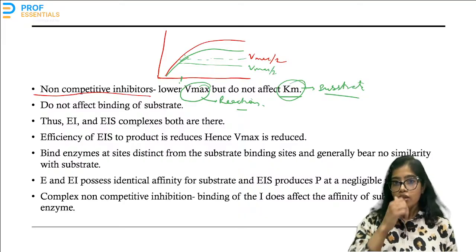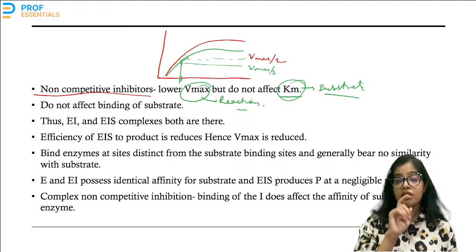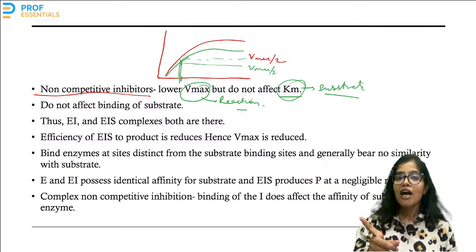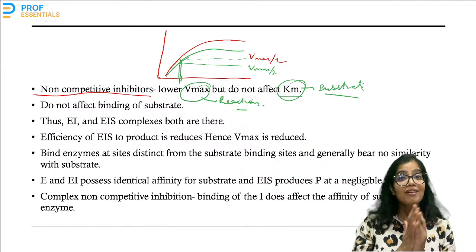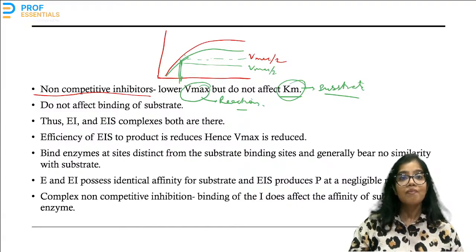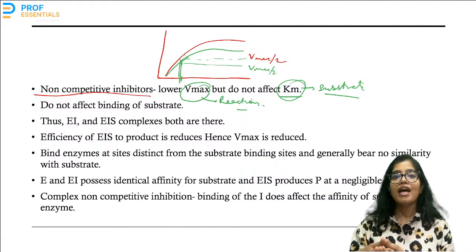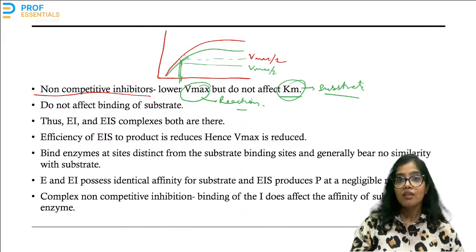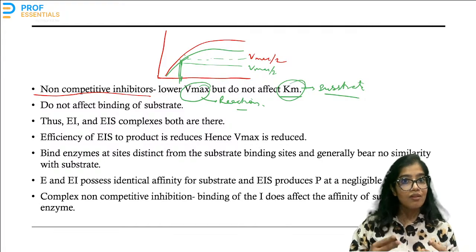So the Km is the same, the concentration of the substrate at which half of the maximum velocity is reached is the same, but the half of the maximum velocity is reduced. That means the overall velocity of the reaction is getting reduced. That means the overall reaction rate is going to reduce.